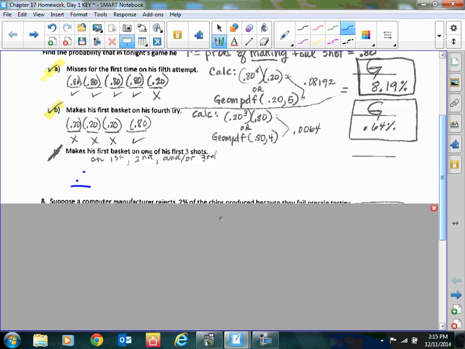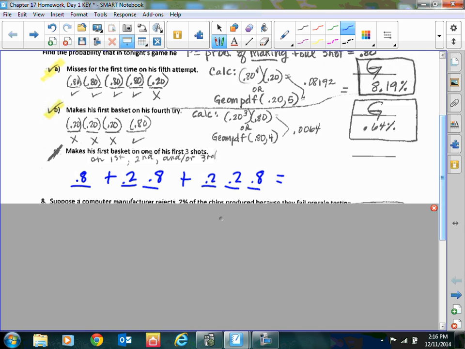Making it on the 1st shot, or, so then we would add to that, making it on the 2nd spot, or making it on the 3rd spot. And then you can compute all of that separately, and you would come up with your answer.